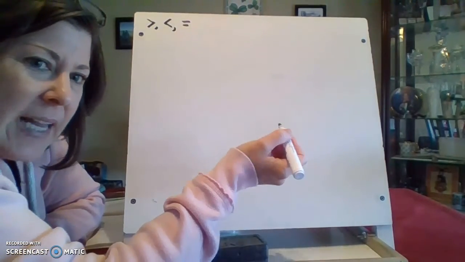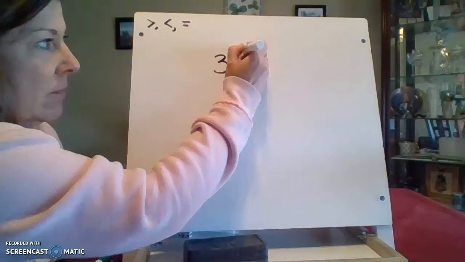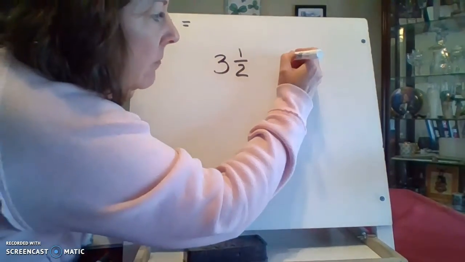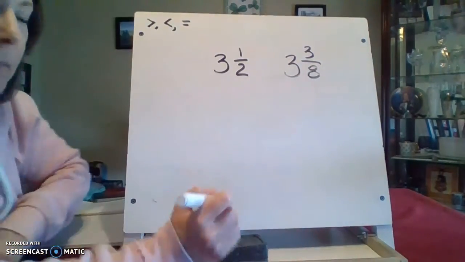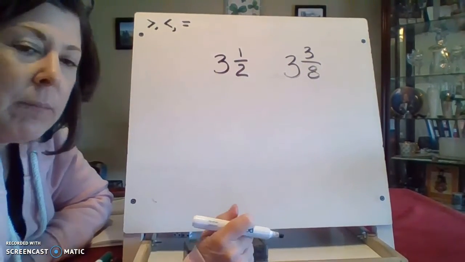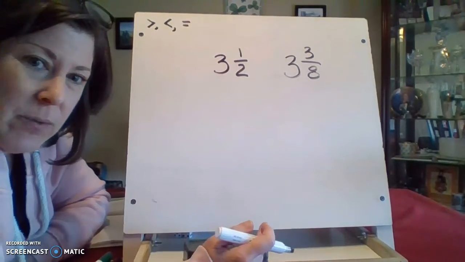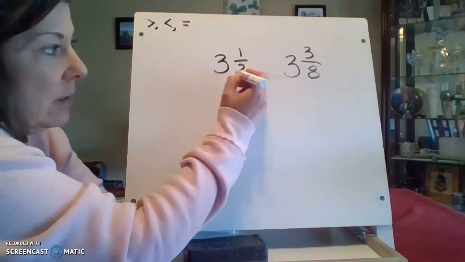But let's say I have mixed numbers where the whole numbers are the same. Well, 3 is the same as 3, so what do I have to compare in this example?